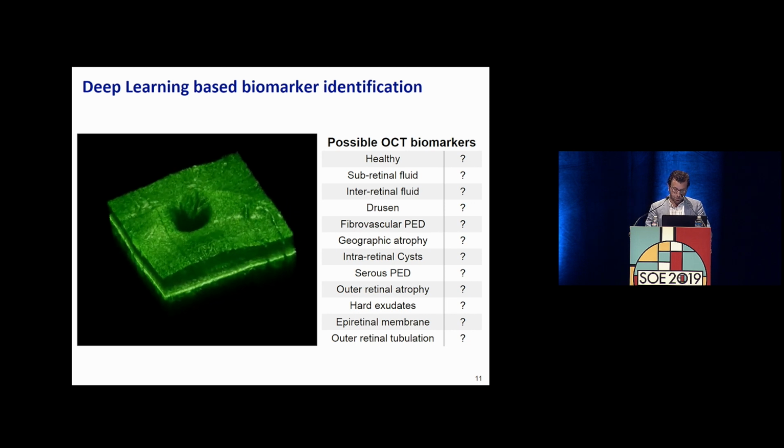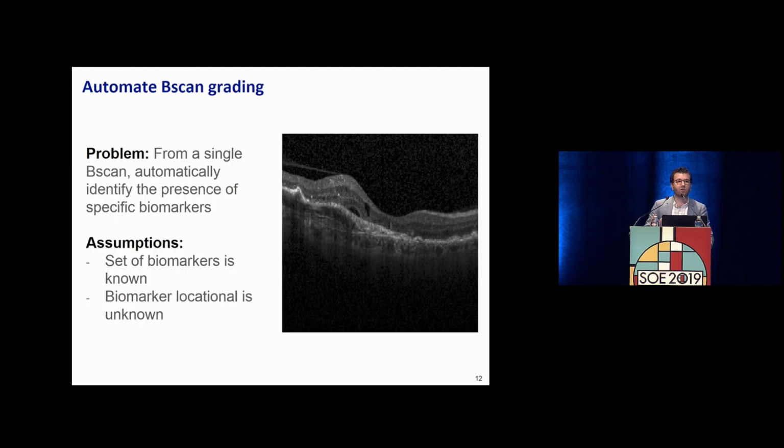Okay? So the problem statement is quite simple. You have a B scan, because in our clinic, sometimes we just take single B scans, and we'd also like to have this answer, so not always just a volume. So from a single B scan, what biomarkers are present in this image? This is a problem we want our AI system to be able to solve. Our key assumption here is that the set of biomarkers, we're going to predefine them.